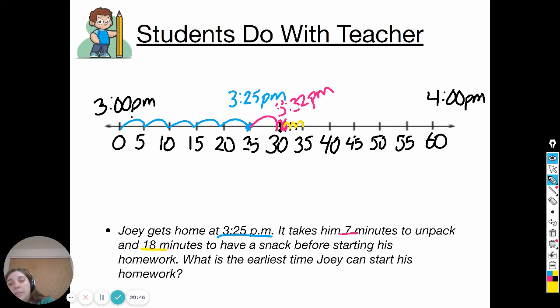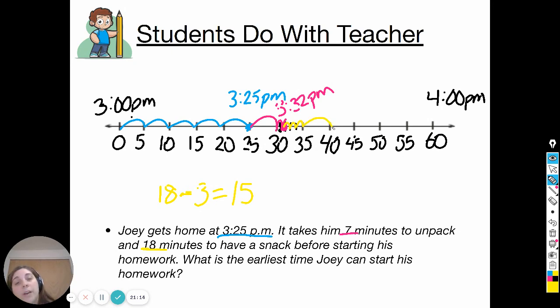Okay, so I'm just going to make a note here where we're at 18. And we managed to hop 3 already. So we need to figure out how much more do we need to hop. Well, we're at 18. Let's take away 3. 18, 17, 16, 15. We need to hop 15 more minutes.